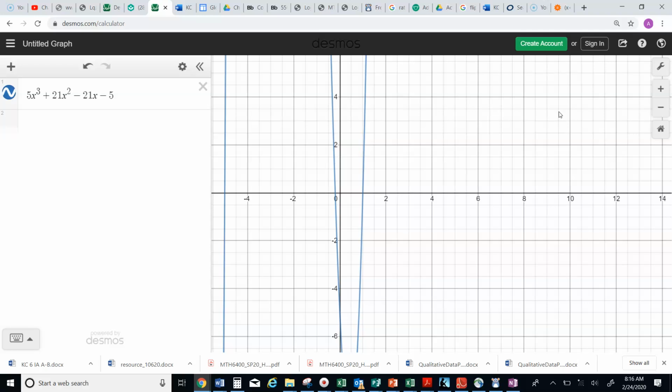And then from here, I can easily tell what my x-intercepts are: -5, -0.2, and 1.